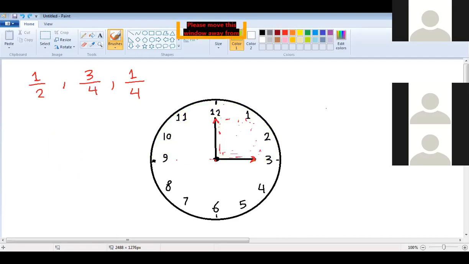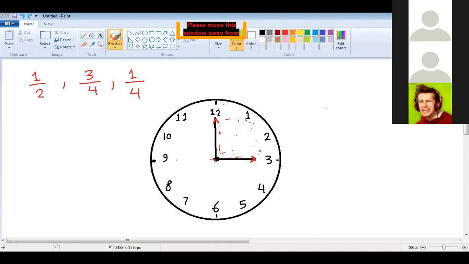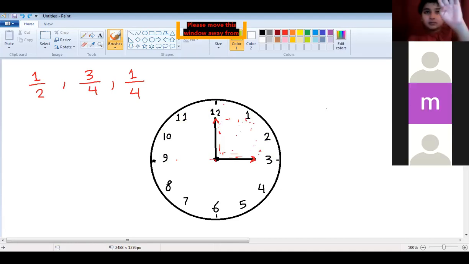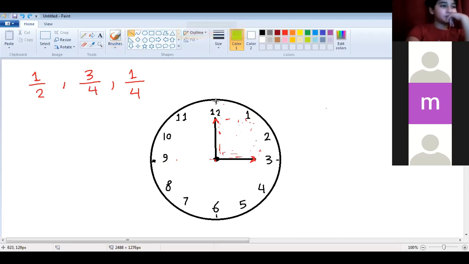Mr., I have a question. Okay. Mu'taz? Yes, I wanna ask a question. What is your question? So we're learning about quarters and how to measure in fractions.